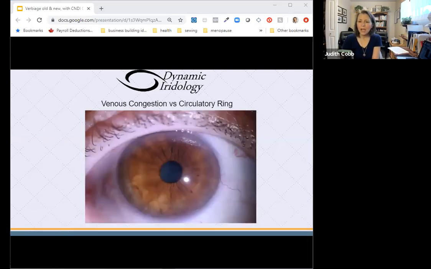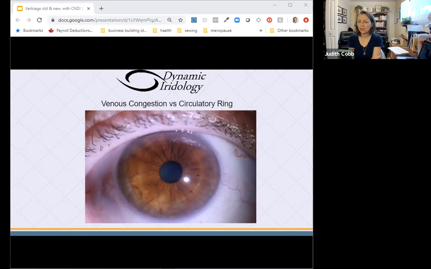There we go. Can you see around the bottom of this eye, there's a bit of a mauve or slightly purple or blue ring. That is what used to be called venous congestion. We now call it a circulatory ring. And it's not venous congestion because it's not always the veins that are sluggish.